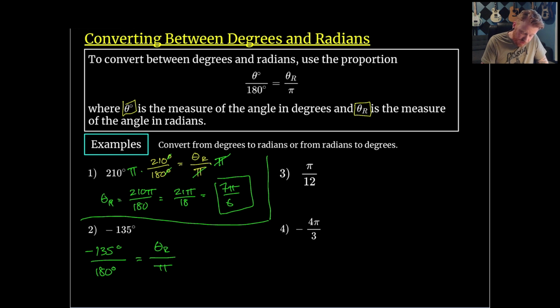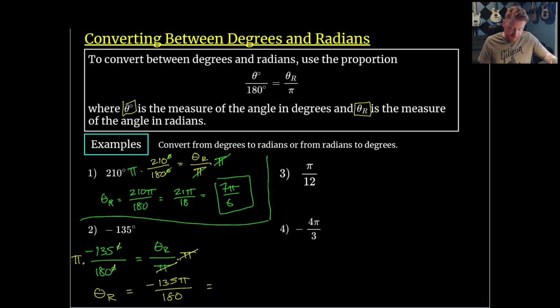So again, if we want to solve for theta sub r, we'll multiply both sides by pi again, so that they cancel on the right-hand side. And what we're left with is that theta sub r is equal to, and our degrees cancel as well on the left, this should be a unitless measure when we're done, negative 135 pi over 180.